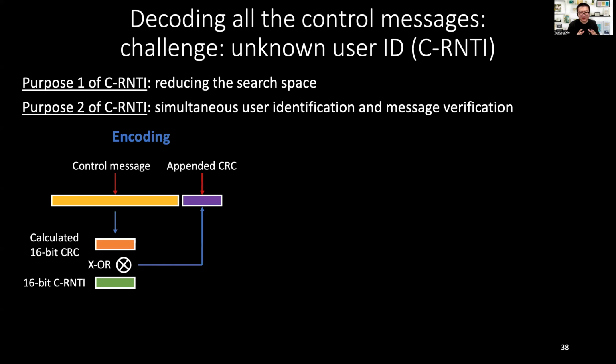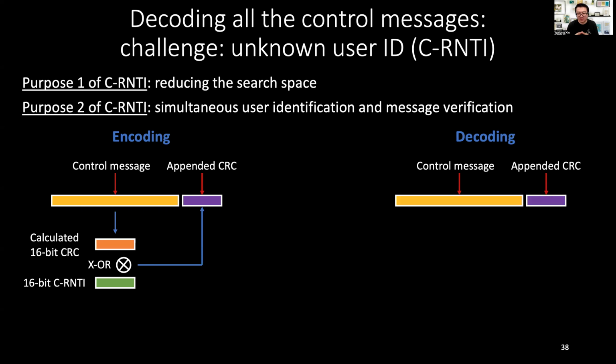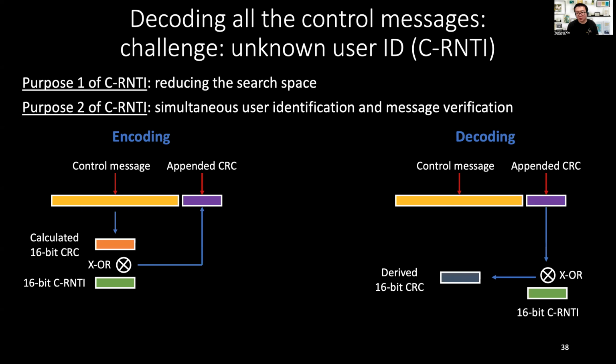The XOR value is appended at the end of the control message as the appended CRC. At the receiver side, the user gets the appended CRC and XORs it with its own C-RNTI to get the derived CRC. Then it compares the derived CRC with the calculated CRC from the control message. If these two CRCs match, it proves two things. First of all, the decoding is successful.